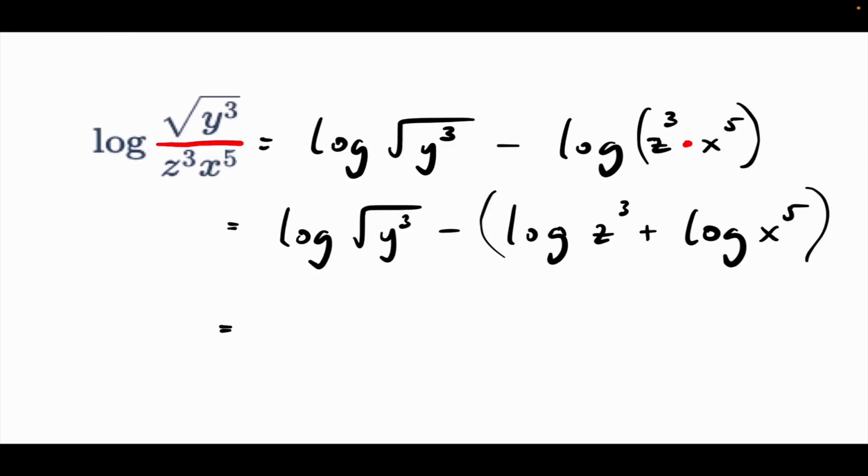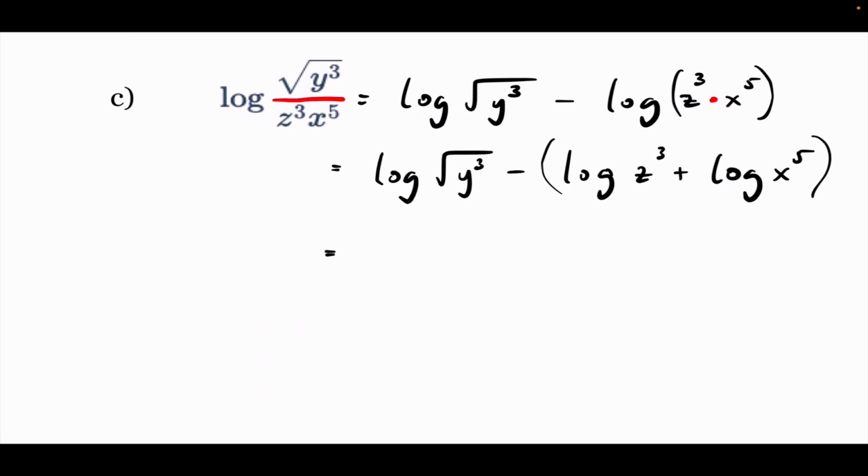I know this guy, Z, has a power of 3, right? I know X has a power of 5. What about Y? What power does Y have? So I'm going to do a little side thing. If I wanted to get rid of the root, what power would I have to give Y?